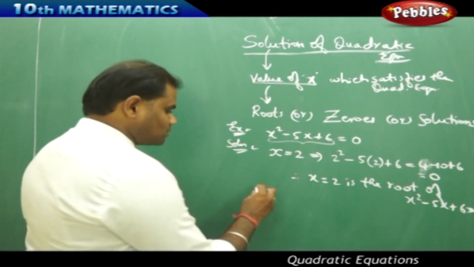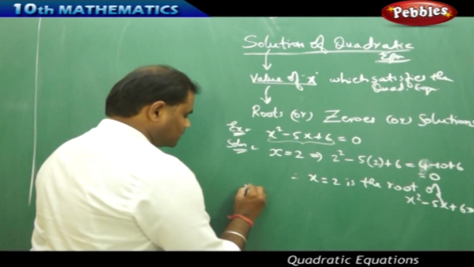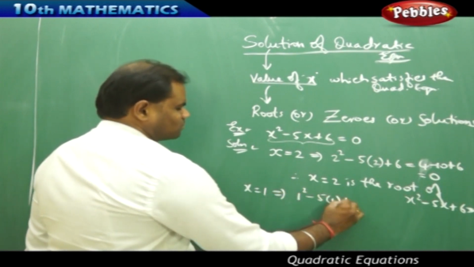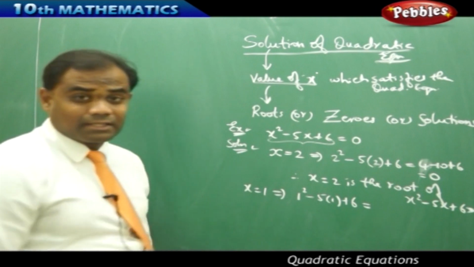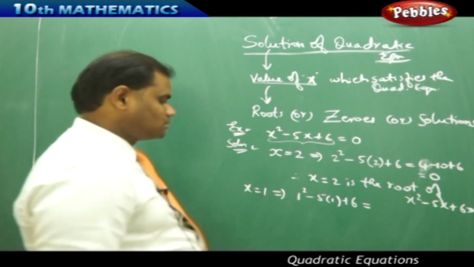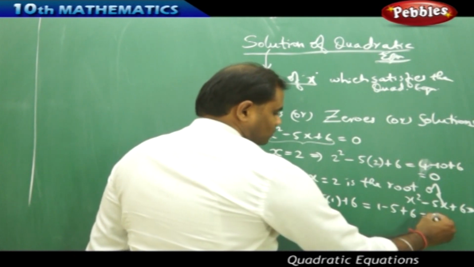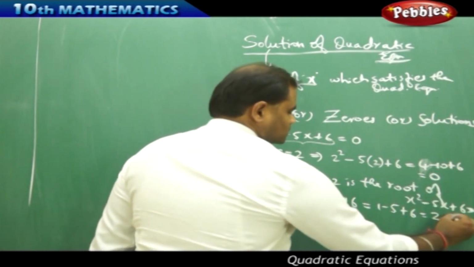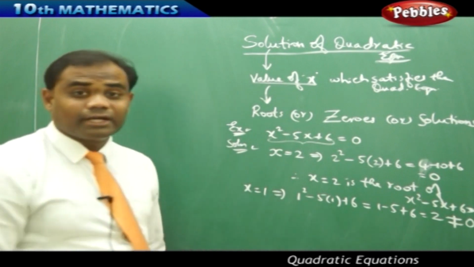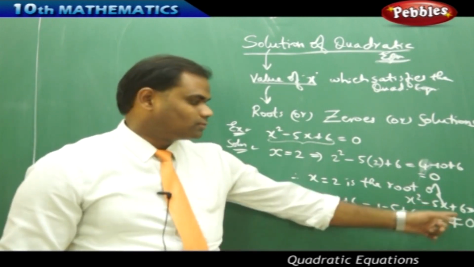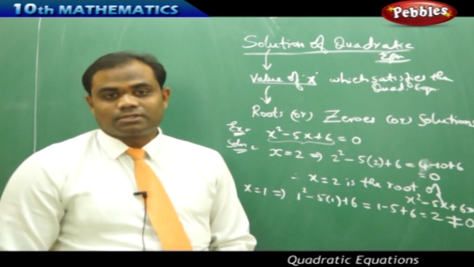But when I take x equal to 1, let's continue with this, which gives me 1 squared minus 5 times 1 plus 6, and let's see if I get this equal to 0. This is 1 minus 5 plus 6, which is 2, and that is not equal to 0. Therefore, x equal to 1 is not the solution of this quadratic equation, is how I conclude.